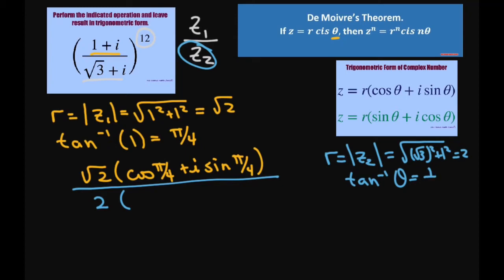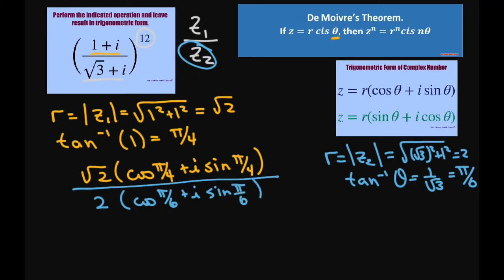So that's 1 divided by square root of 3. And that's going to give you pi divided by 6. All right, so now our denominator is going to be 2 times cosine of pi divided by 6 plus i times sine of pi divided by 6.